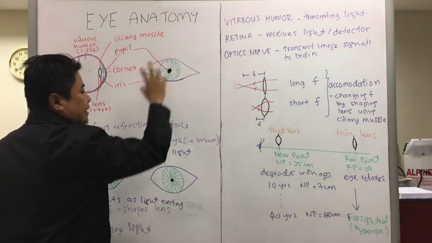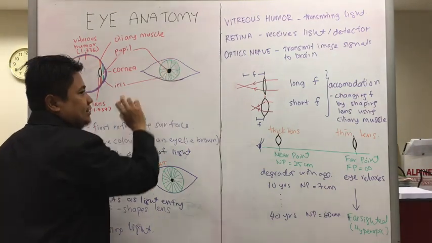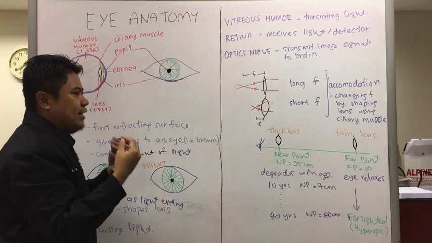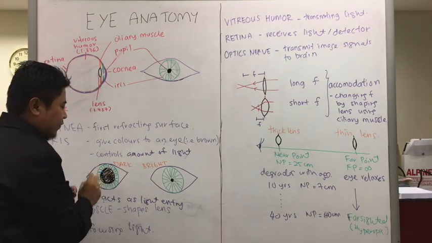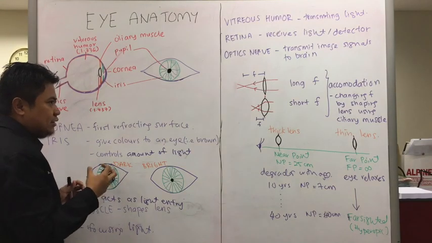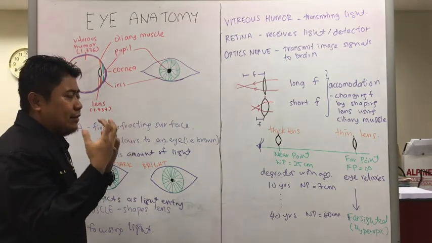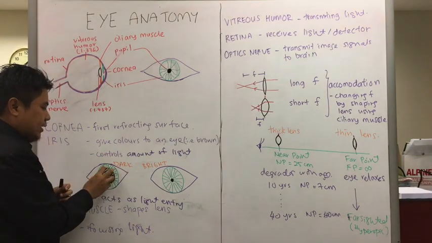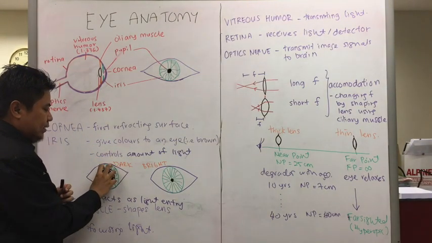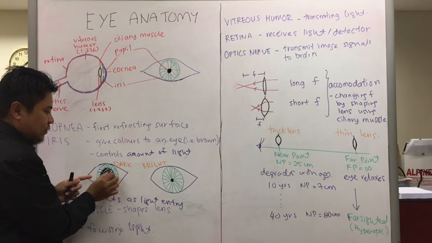And then this iris can be adjusted according to how much light enters our eye, because the iris controls the amount of light. For example, in darkness, the eye will try to receive as much light as it can, so it will open the pupil. So the iris will contract and become very small.